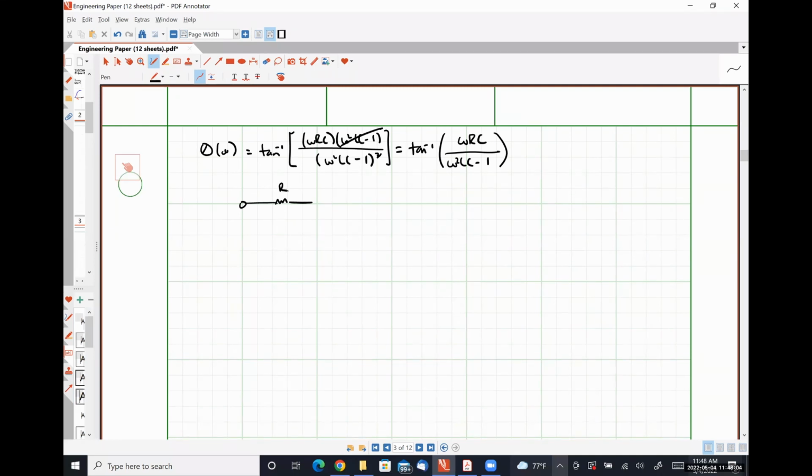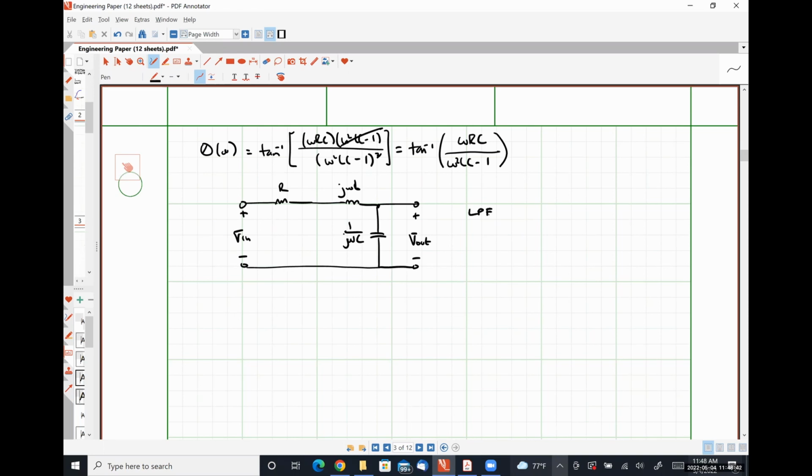Okay. So if we have our RLC circuit, and we take the voltage drop only across the capacitor, we have a low pass filter.